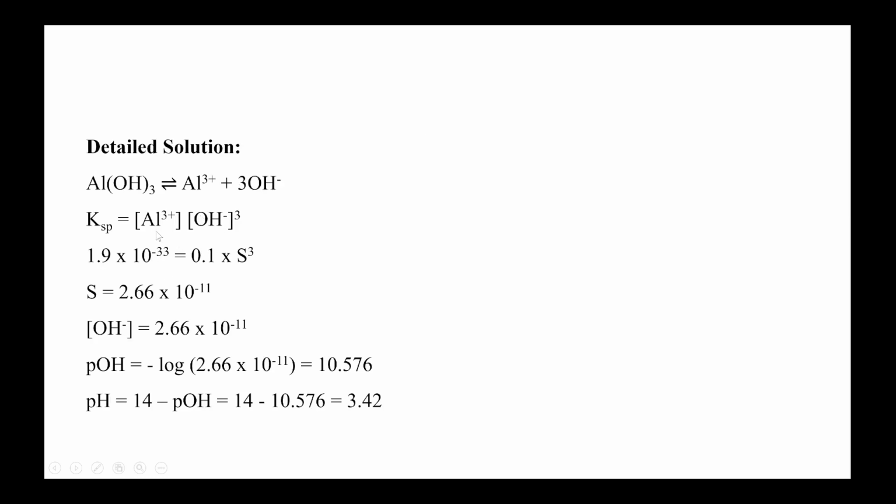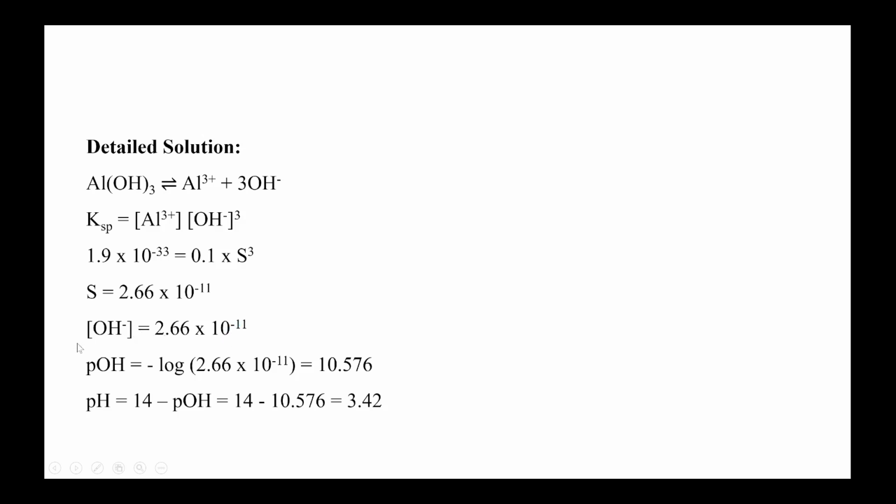So you have the concentration of Al3+ ions, so you can calculate the OH- ion concentration. So 1.9 divided by 0.1 would be 19, so 19 into 10 raised to the power of minus 33. If you take a cube root of that, you will get 2.66 into 10 raised to the power of minus 11. So that is the OH- ion concentration.